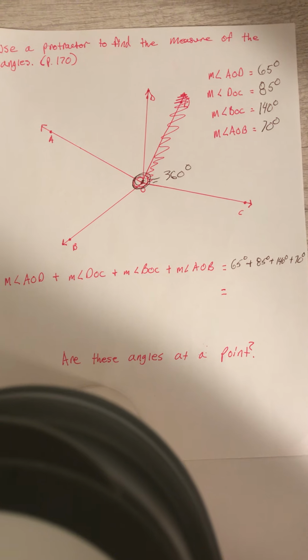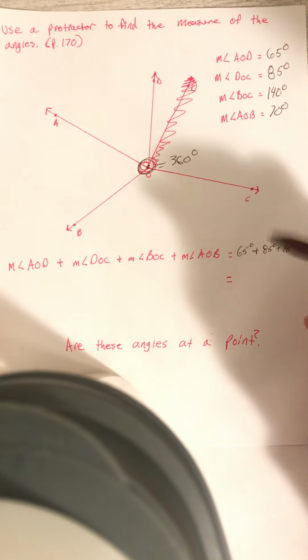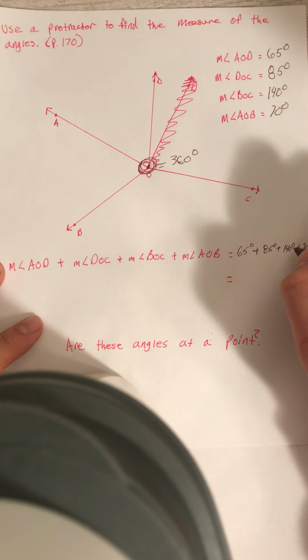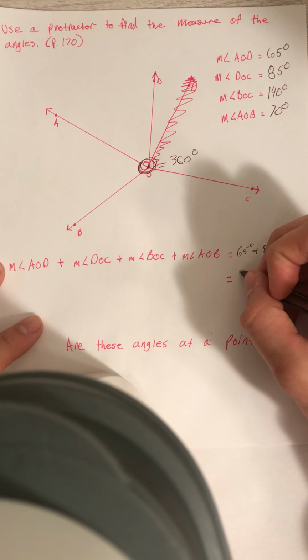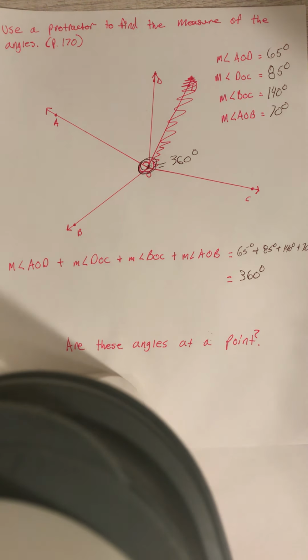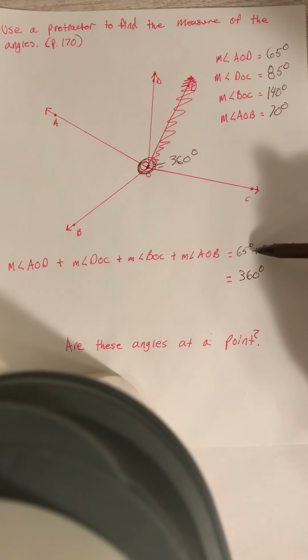If I add all of those up, 65 plus 85 plus 140 plus 70, it's going to equal 360 degrees. So my angle measures are correct up here because it equals 360.